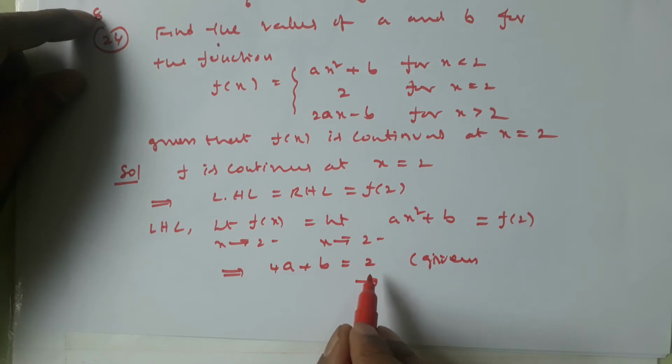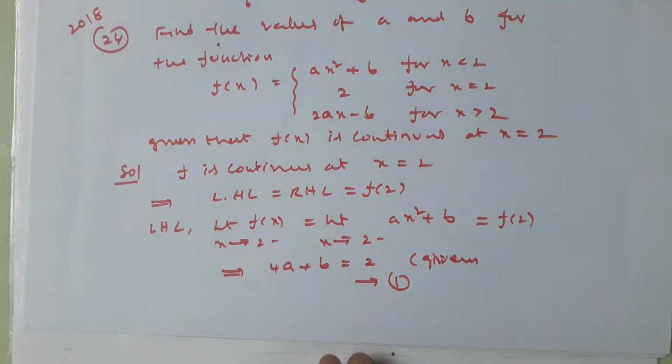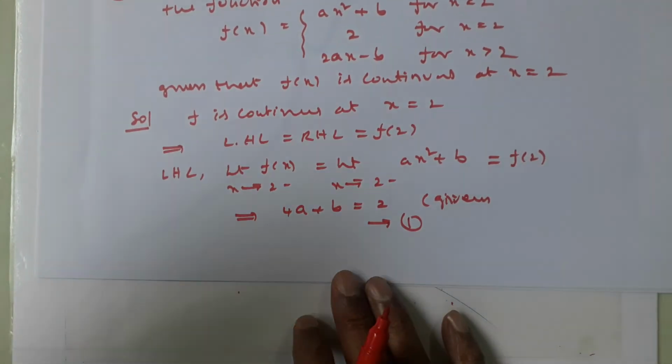Take this as equation 1: 4a plus b is equal to 2.